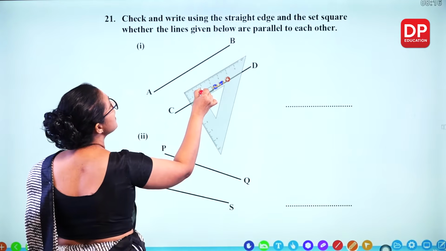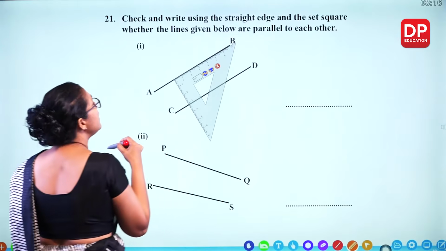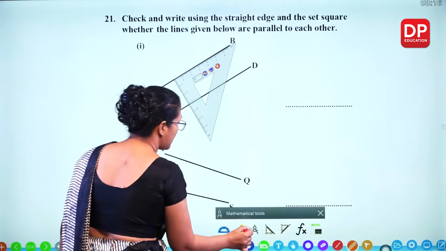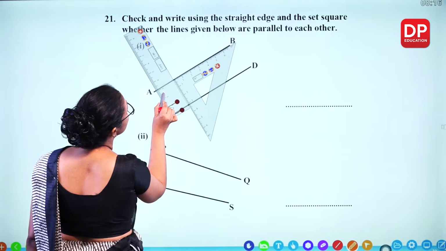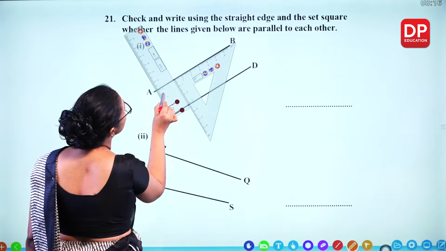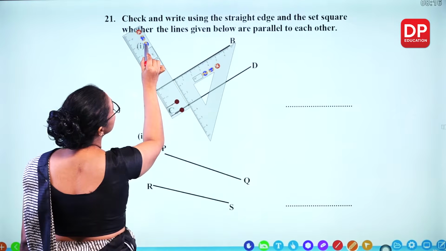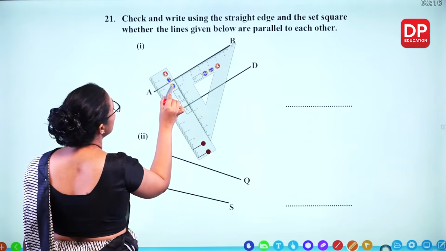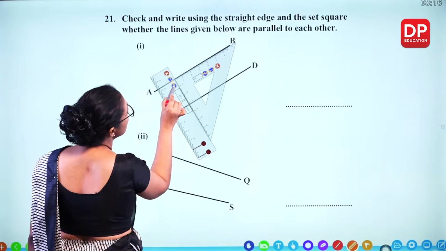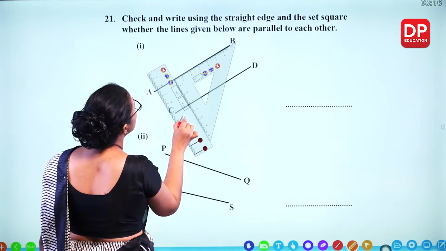So what you do, you take the set square, keep it on top of the line AB, and take the ruler and keep it like this so that it touches the set square.